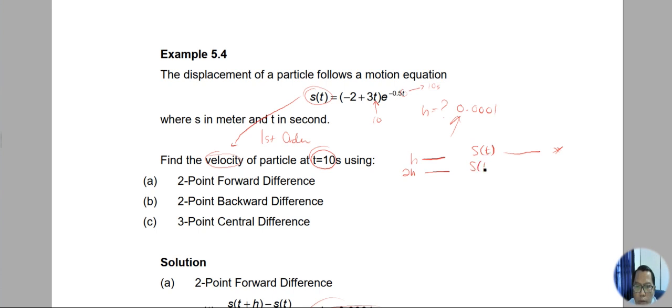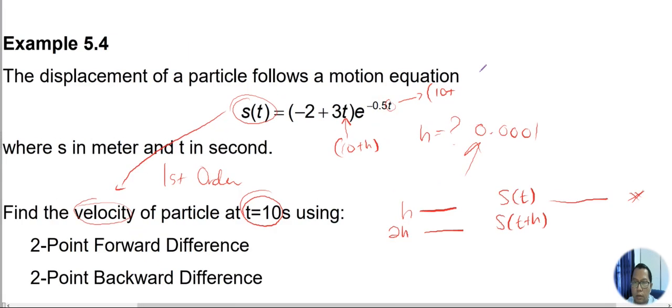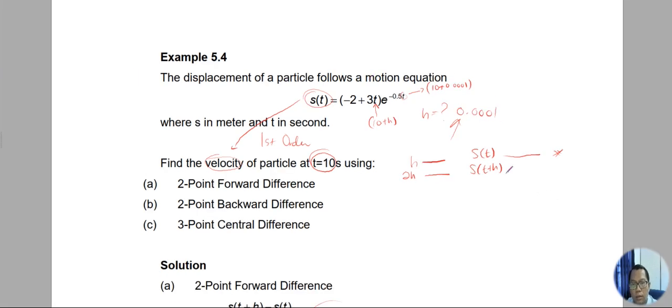Then from here you have to determine what is t plus h. In this case, let's say this one, so again plus h here and this one also, you have to change to be 10 plus h, which is 0.0001, something like that, in order to get this s(t+h).